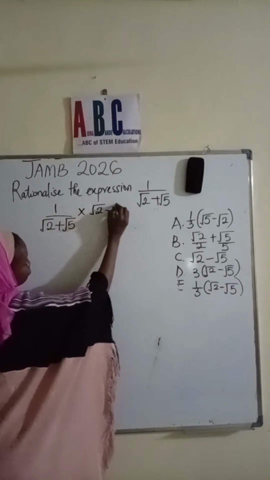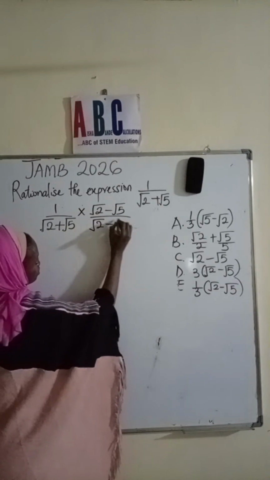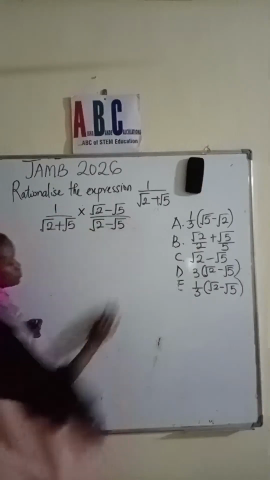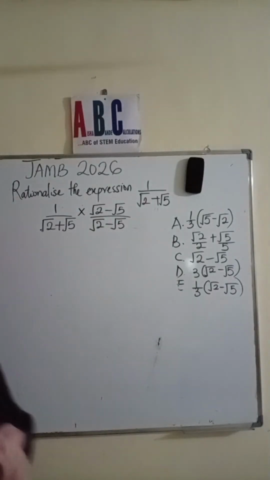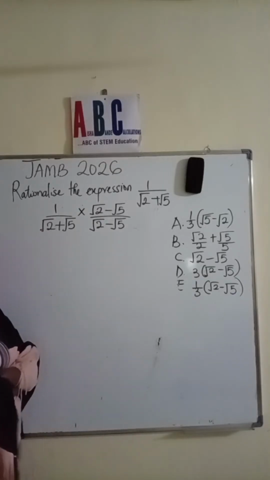Root 2 minus root 5. So multiply through by the conjugate. Yeah, you can go on. The denominator has a difference of two squares, yes.